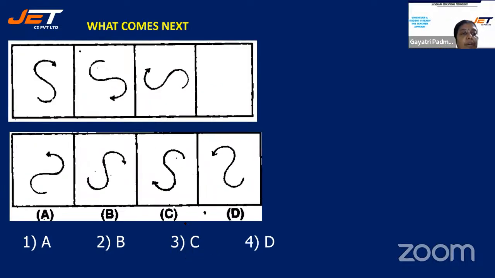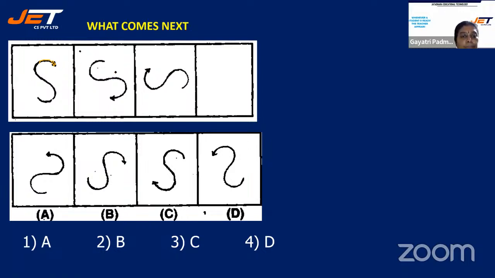We have the arrows whereby the first one is moving this side, right? So the second one is moving this side. You are slowly going back. So you are moving the other way around, right?